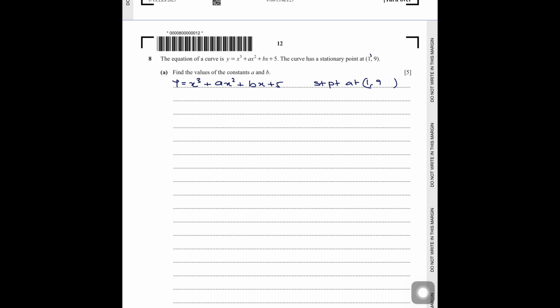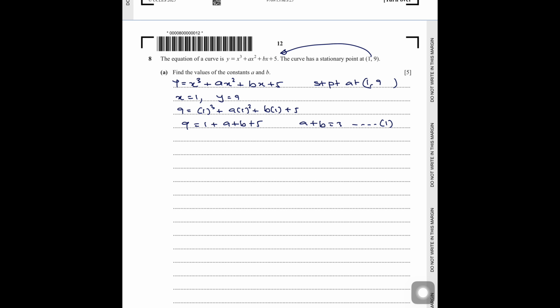So first I will write that x is 1 and y is 9. So 9 equals 1 cubed plus a times 1 squared plus b times 1 plus 5. So 9 is 1 plus a plus b plus 5. 1 and 5, 6 goes to the other side, becomes 9 minus 6, 3. So a plus b is 3.